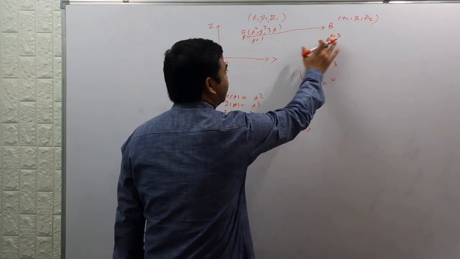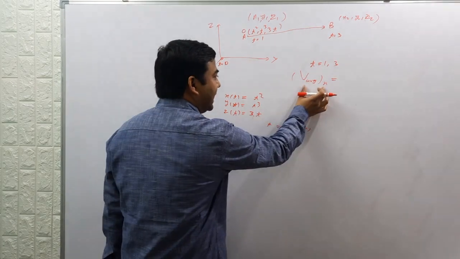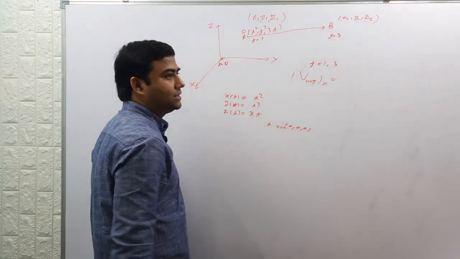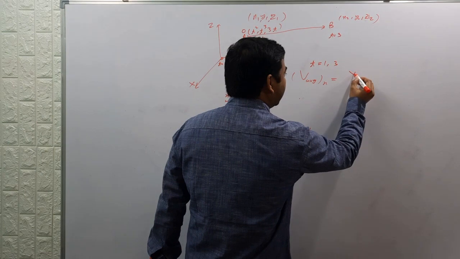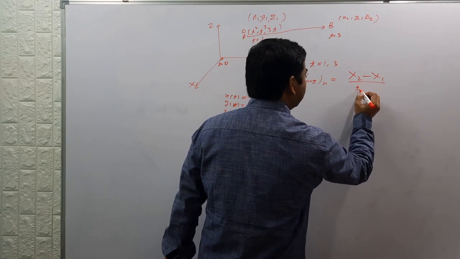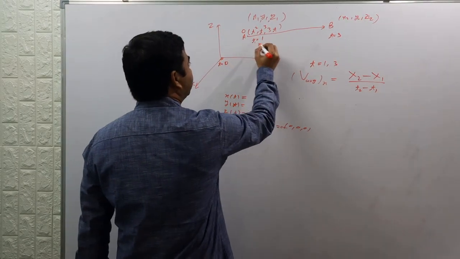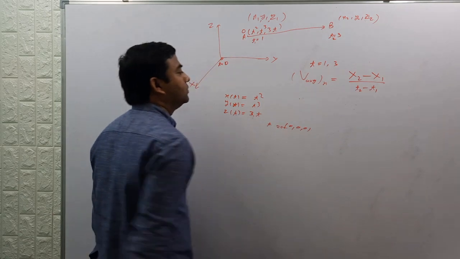So in this time interval of 2 seconds it reaches from A to B. So V average in x direction will be x2 minus x1 divided by t2 minus t1.